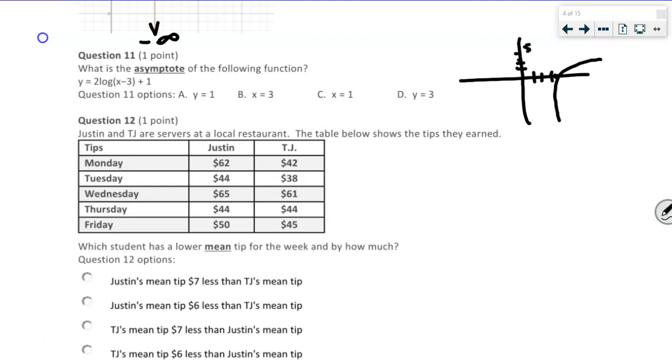We started turning. So again, when I'm looking at logs, y'all, they're going to have vertical asymptotes. So here again, if I'm looking at the graph, it's running right alongside this line right here, which is at 3. Okay, so that means that my vertical asymptote is going to be at x equals 3. Okay.